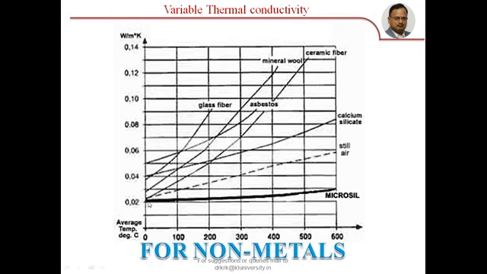See, the conductivity of the air is very poor. It is much less than glass fiber or asbestos or mineral wool or ceramic fiber. So that is the reason why we always consider the still air as a best insulator.